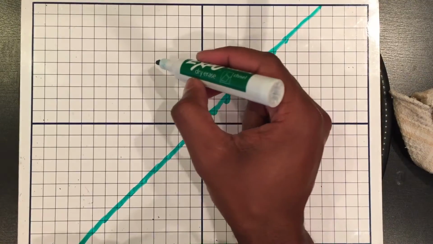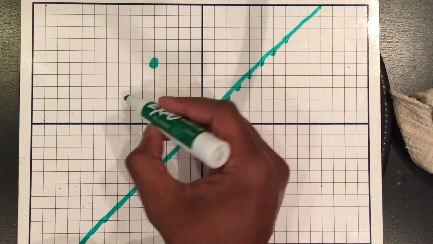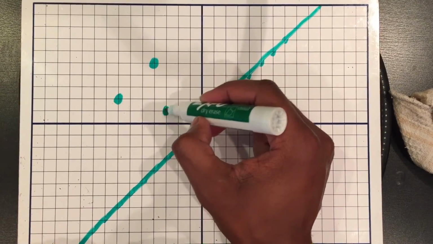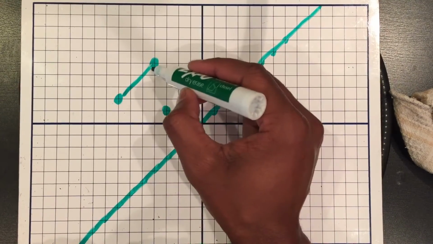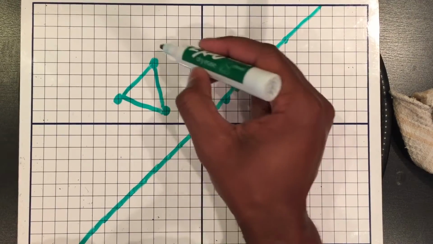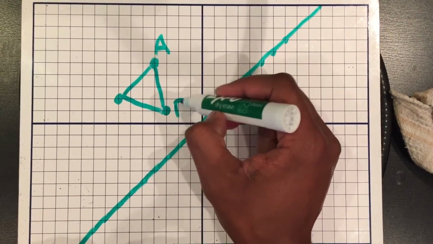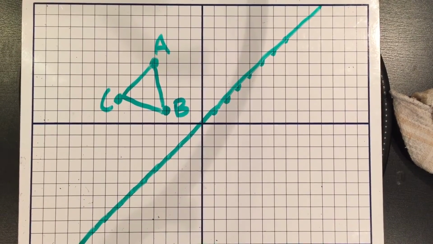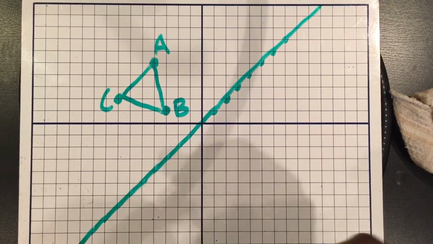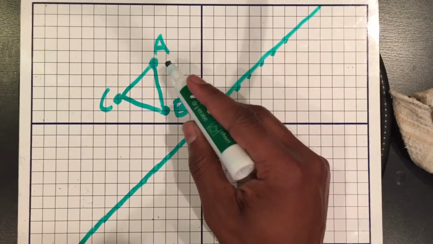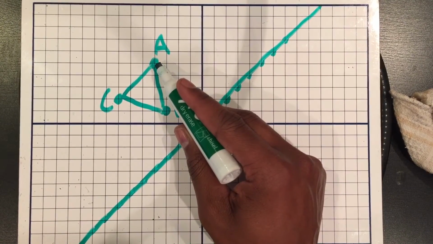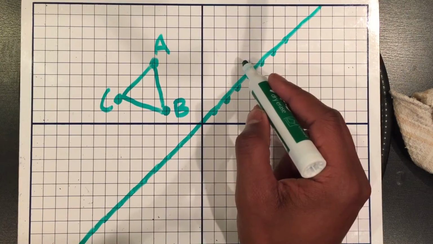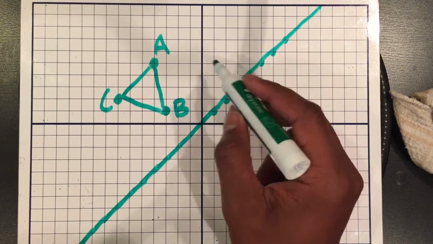So say we have a triangle where we have those 3 vertex points. So we have A, B, and C. What we want to do in this case is count how far it is from this point to the line, both up and to the right, or down and to the right.